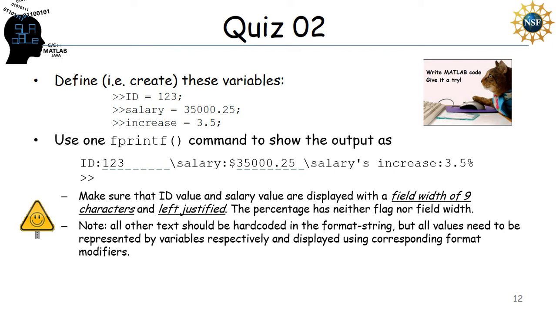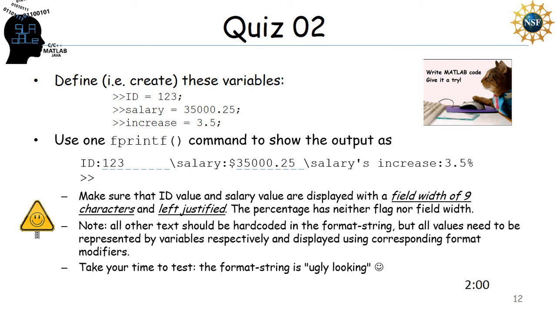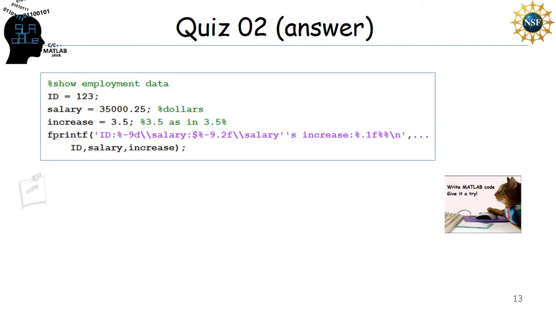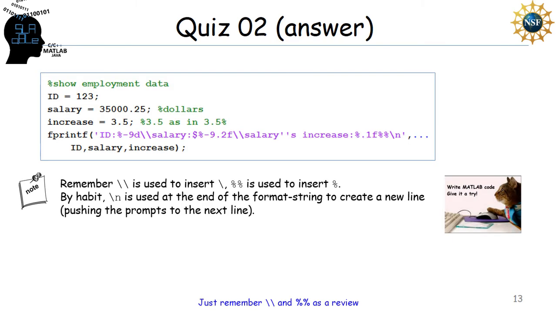Once again, don't be afraid that that format string will start to be what I call ugly, but it is what it is. Just remember those 2 backslashes and those 2 percent signs, kind of reviewing a little bit. -9 for the left alignment and the 9 of a field width, and the rest is just basic.